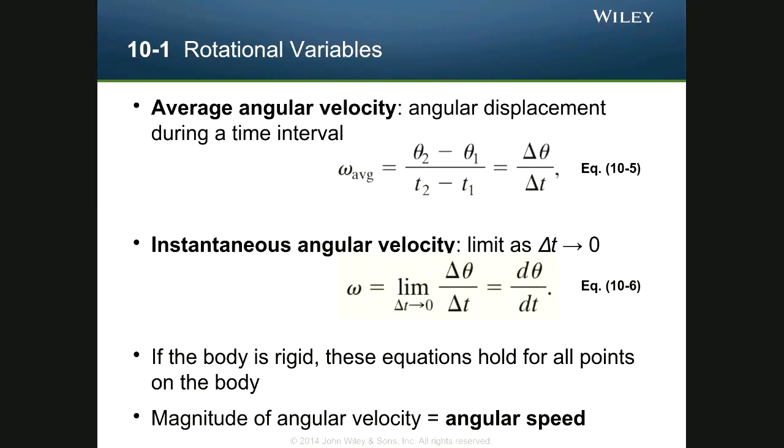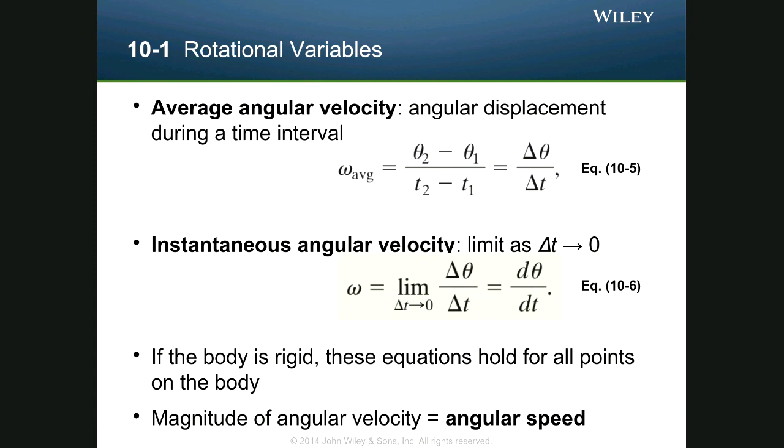So now that we talk about angular position, it's pretty simple and straightforward to look at the average angular velocity as just delta theta over delta t, which you'll notice is pretty analogous to linear velocity, which is delta x over delta t.